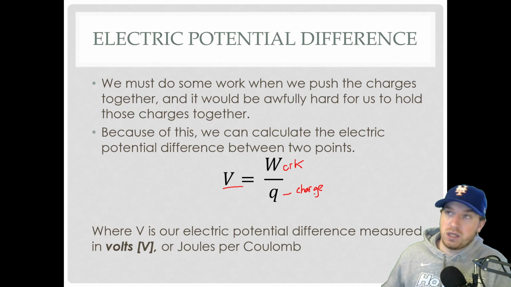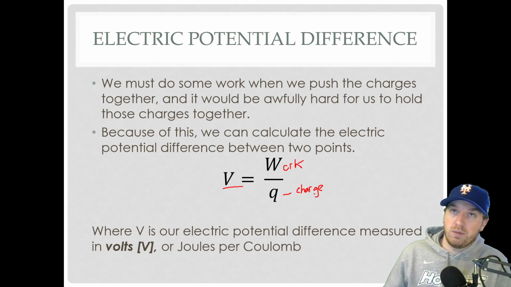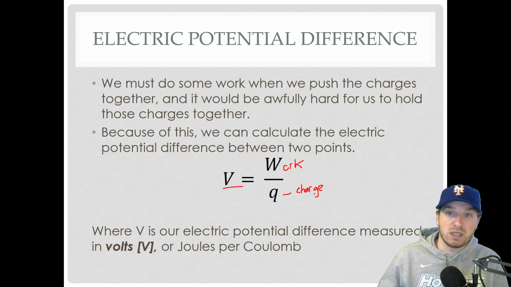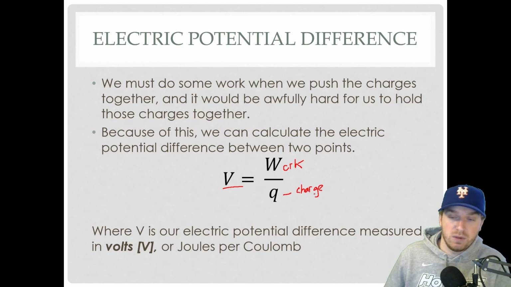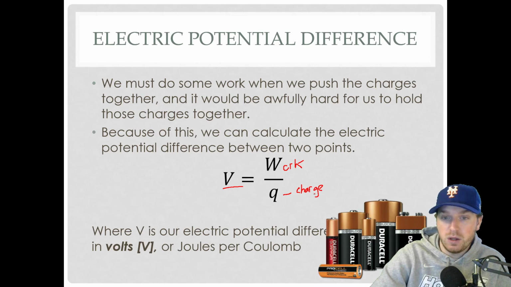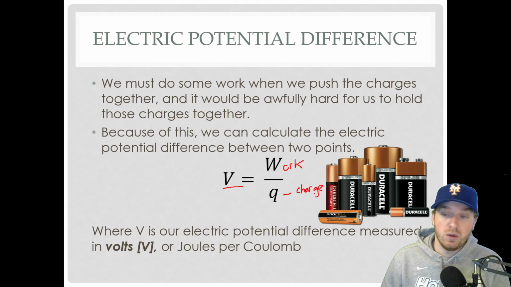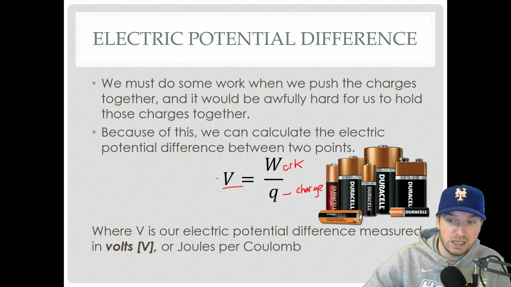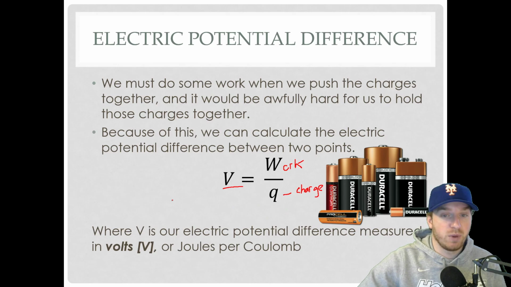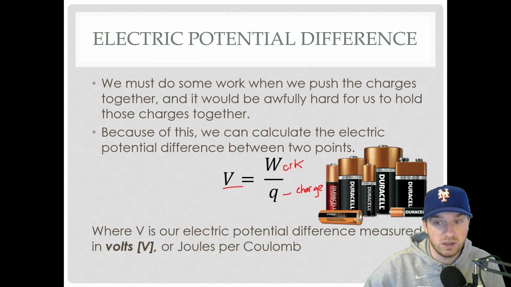It is the amount that one particle, one positive or negative, wants to get away from or towards another positive or negative, right? Which gives us our main point for this week, which is a battery. All a battery is, is a setup that provides electrical potential difference, where if you plug one side into one side of a circuit and the other side into the other side of a circuit, the charges will want to get away from one plate, specifically the negative.